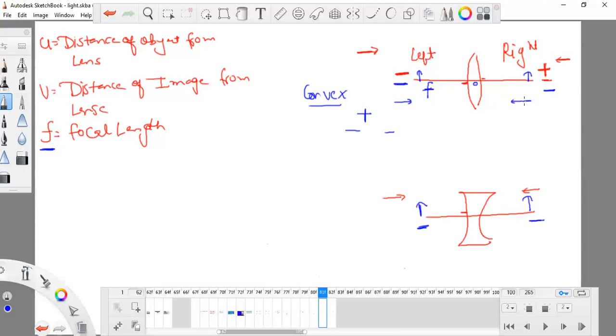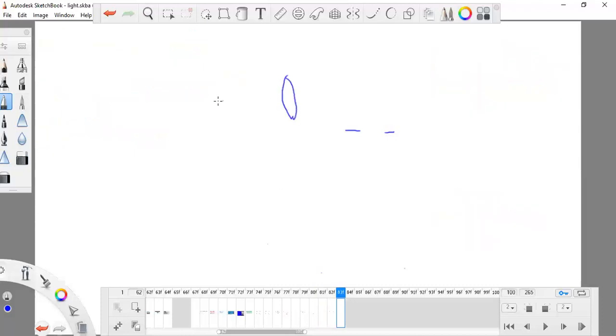Remember that these lenses have four focuses: 2f2, f2, f1 and 2f1. Whether we count from here or from here, it will be positive on each side, left and right, for convex lenses.